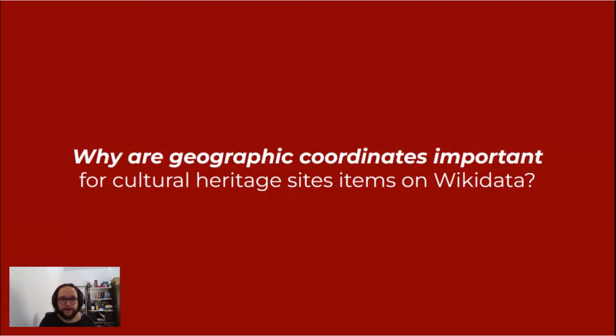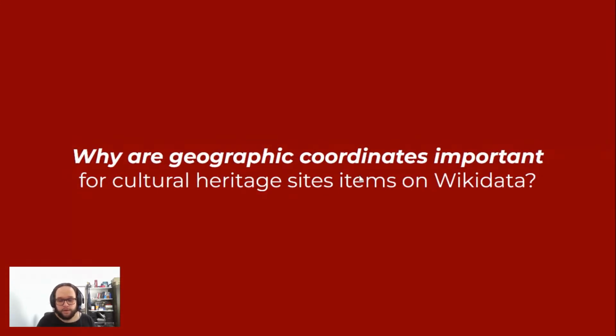So why are geographic coordinates important for cultural heritage site items on Wikidata? Once we have these items on Wikidata, they appear, for example, in automatic lists. They can be found via an API, and they can be searched, and they go through to search engines like Google, Bing, and others, and they appear on the internet.